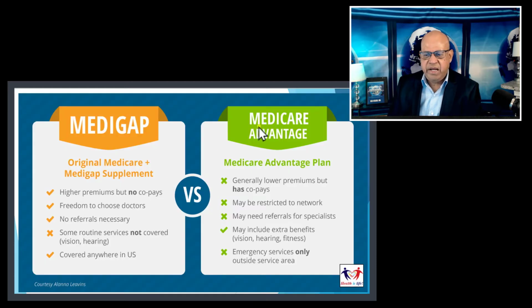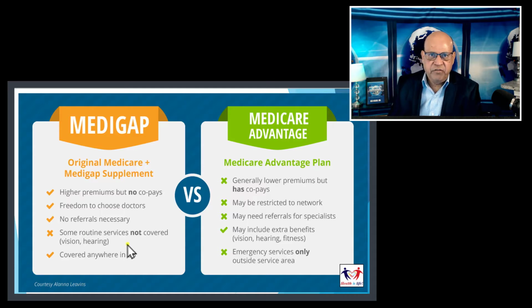MEDIGAP and Medicare Advantage. I showed you in the initial slides, we had Medicare Part A, Medicare Part B, prescription drugs, and MEDIGAP. MEDIGAP covered all the deductibles, coinsurance, and copays which were not covered by Medicare Part A and Part B. It may not cover prescription drugs.